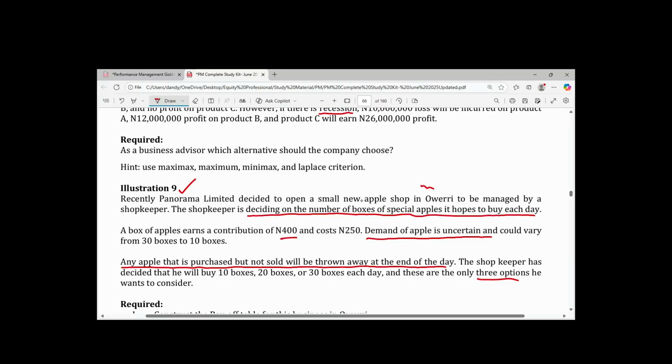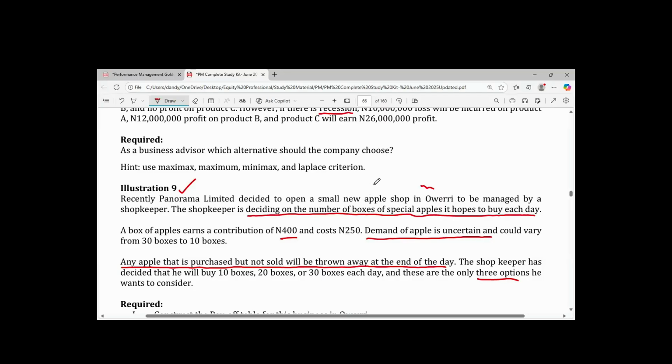The alternative courses of action are that the company wants to decide whether to buy 10 boxes, 20 boxes, or 30 boxes of apple. The state of nature is market demand: whether customers will demand 10, 20, or 30 boxes of apple. Which means that we have a 3 by 3 matrix, so we are going to have 9 possible outcomes.